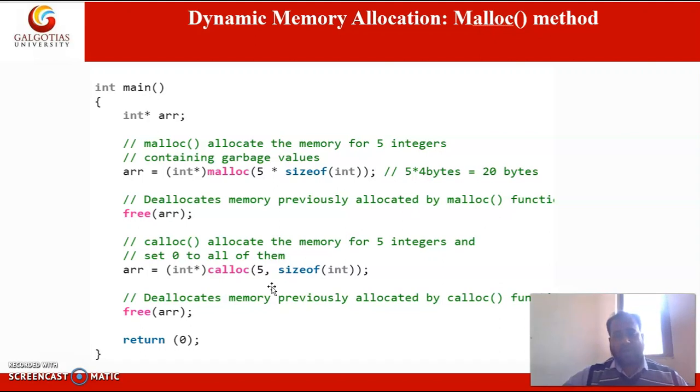Calloc initializes the allocated space with 0, so there will be no problem if you want to print the values; it will print zeros. In the next statement we are freeing the space allocated to pointer variable arr. So these are the basic differences between the malloc and calloc methods.